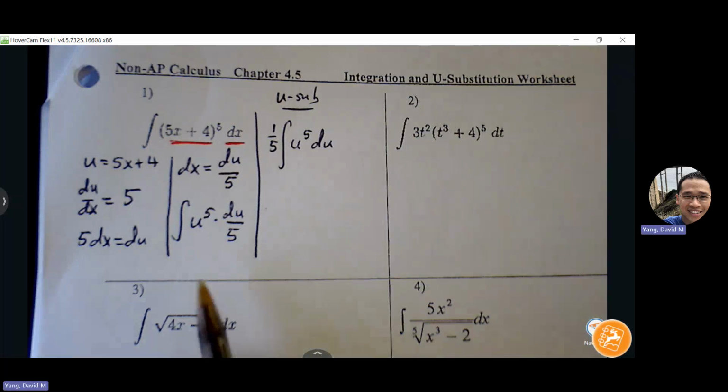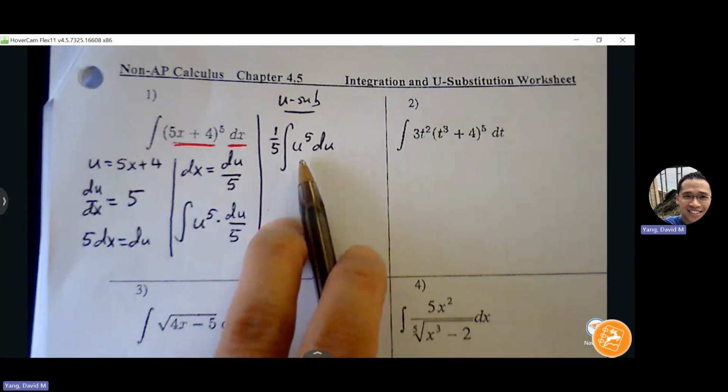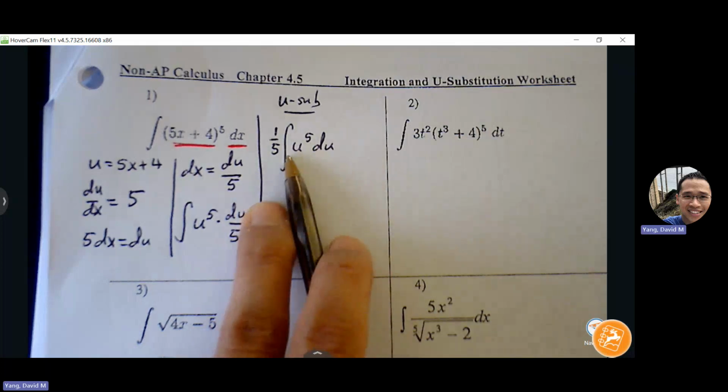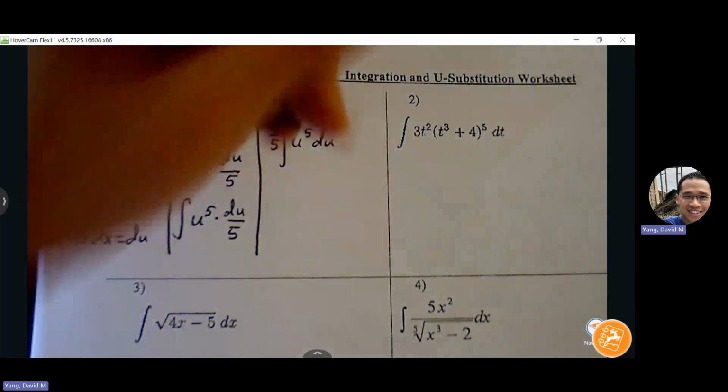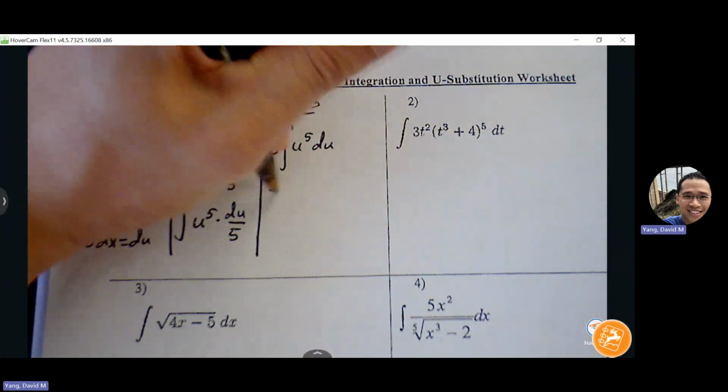Okay, are we ready to identify a rule for us to use? Yeah, what rule is this? Power rule, right? The integral of u to the n du is u to the n plus 1 over n plus 1. So there's no x's left over. This matches our rule, so we can apply the rule. The 1/5 is out of the way, so we know it's not going to distract us. 1/5 times.